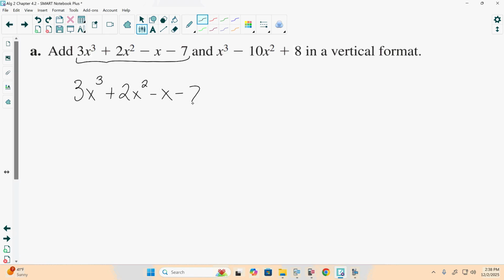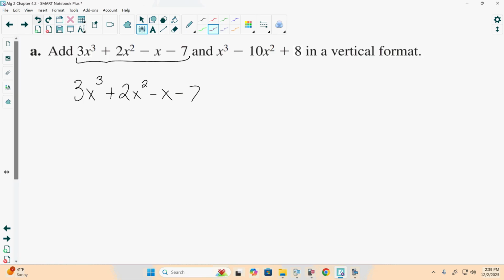If there's a term missing, we can either leave it blank and just leave a spot for it. So if there was no x term, we would just move over and put the negative 7. Or if there is no x term, we can just fill it in as 0x.